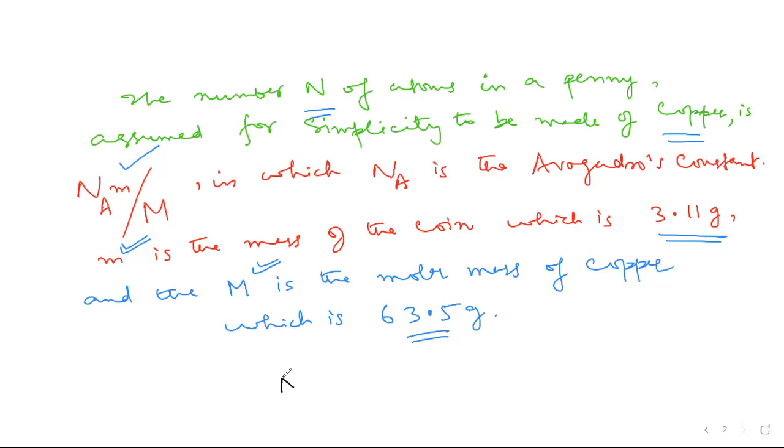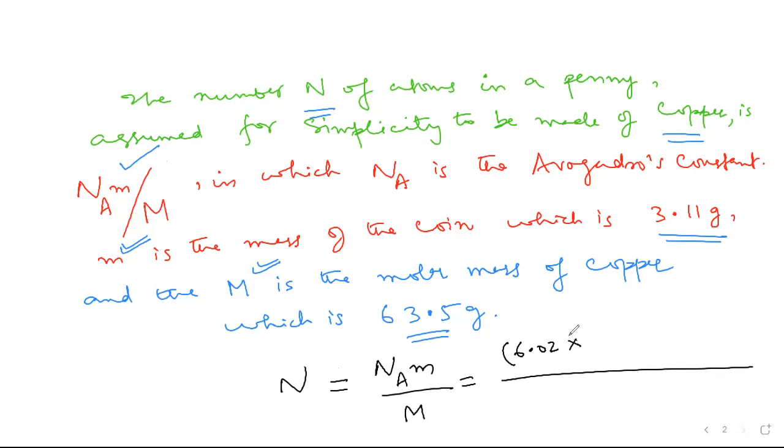So I write N is equal to Na m over M. I just put the numbers. Avogadro's constant is 6.02 times 10 raised to 23. Here we are talking of atoms, so it is atoms per mole. Then you multiply with little m, which is 3.11 grams.